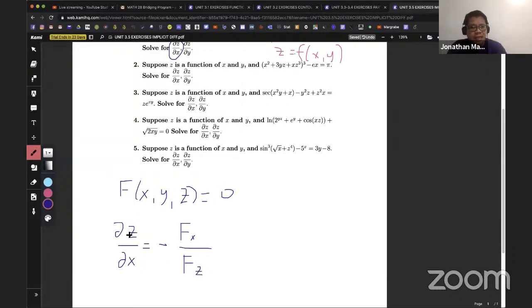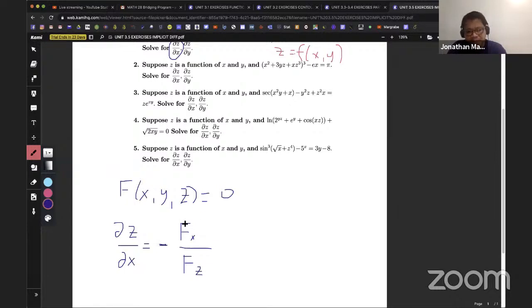So take note on how we write the partial. We get the partial of z with respect to x because we have implicitly defined that there is a function z in terms of x and y. In the formula, don't forget the negative.